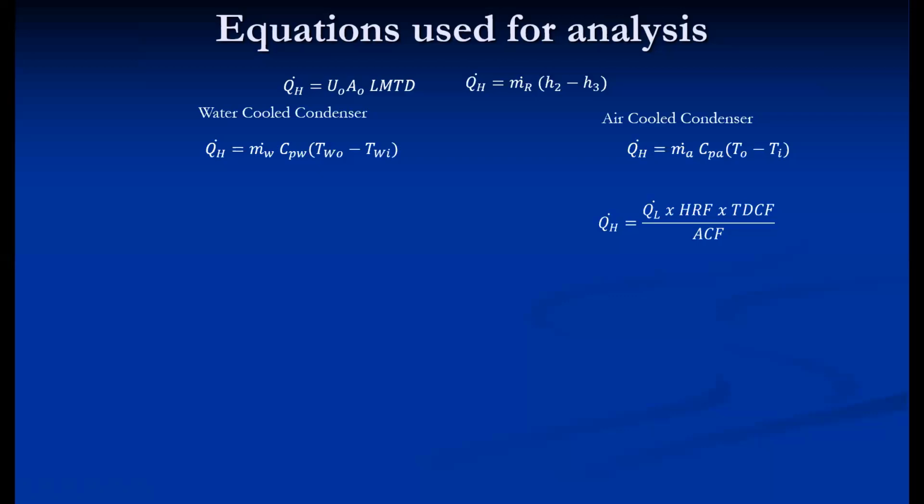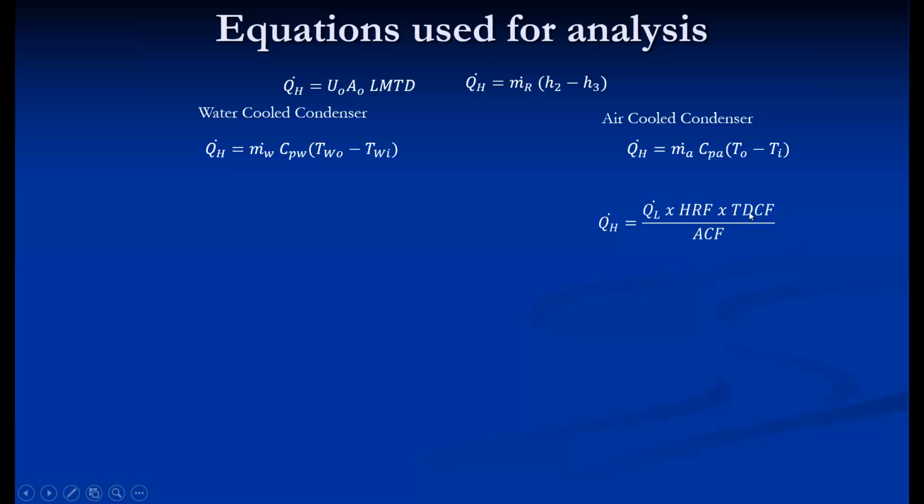That's why the heat rejection factor for hermetically sealed compressor is more. So generally it lies between 1.2 to 1.4 depending upon the capacity of the system. But for open type compressor, that heat rejection factor is 1.05 to 1.1. So heat rejection factor again depends on the type of compressor to be used.